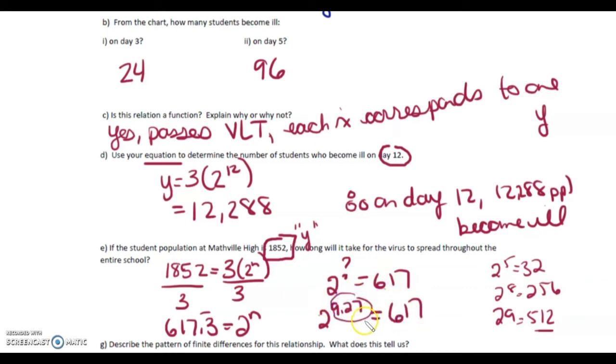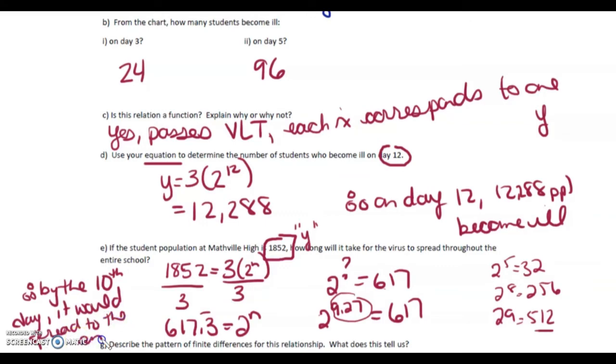So after 9 days, on the 10th day, it would have spread throughout the entire school. Okay, therefore, by the 10th day, it would spread to the entire school.